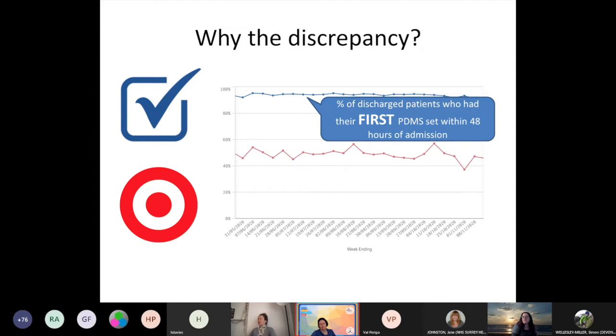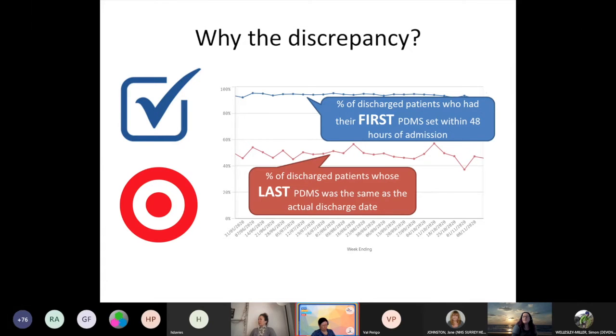That's the first time they had a predicted date, whereas the accuracy is actually based on the last time they had their predicted date set. So the devil is in the details, and part of the problem is that because it's reviewed regularly, the PDMS or predicted date gets changed.